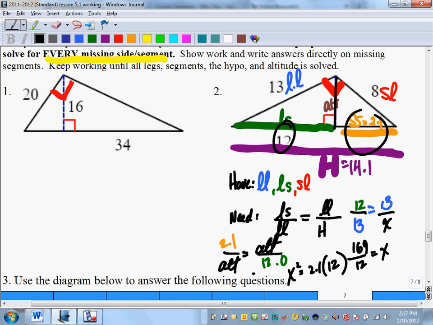Gentlemen, did you write your pudding down? You did? Oh my God!